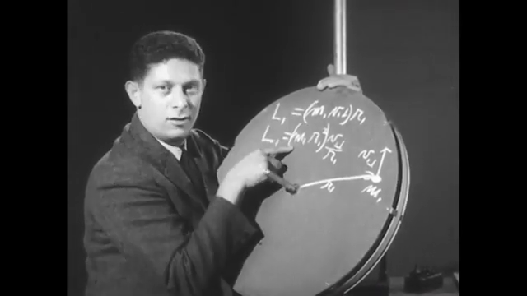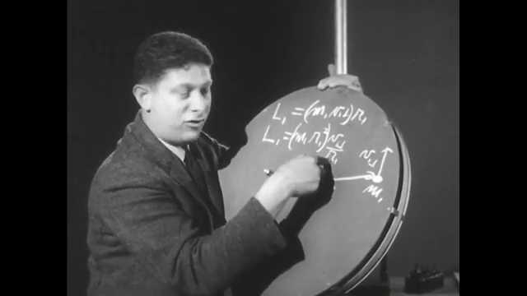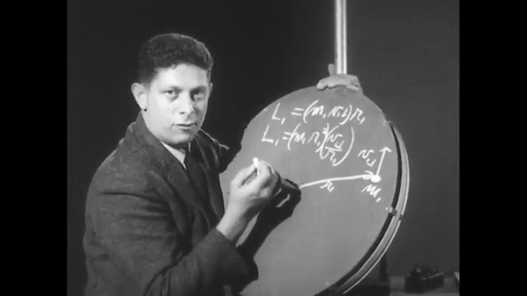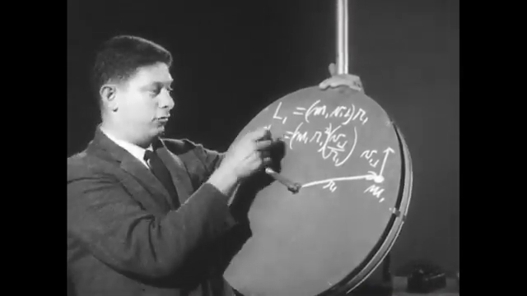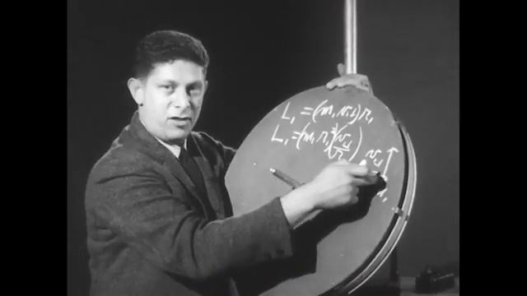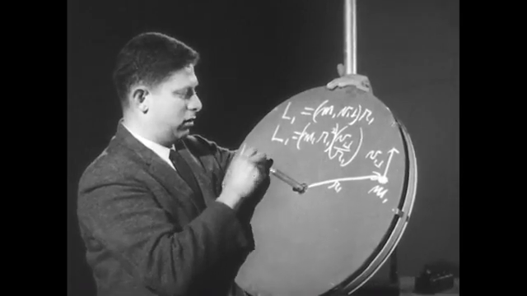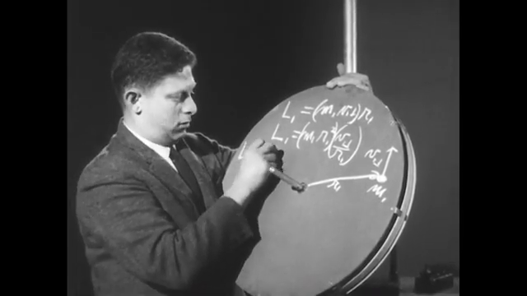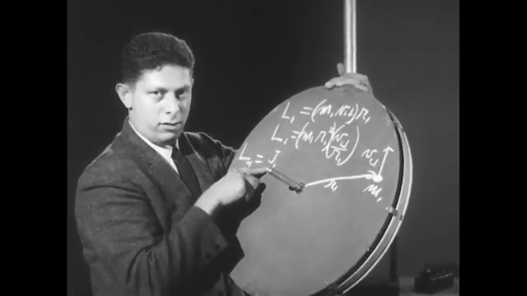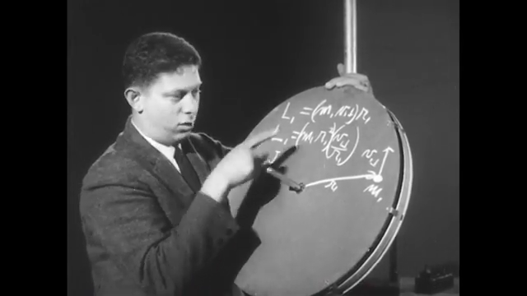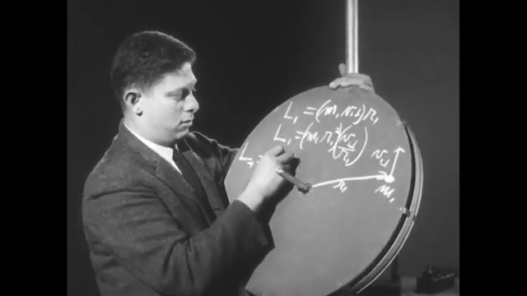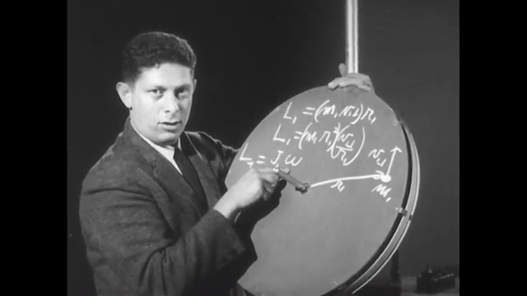The first, what we call the moment of inertia, and the second, the angular velocity of the wheel. So, writing the angular momentum of this particle again, L1 is equal to J1, the letter given to the moment of inertia of the particle, times omega, the angular velocity of the wheel.